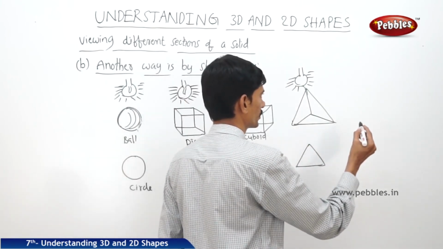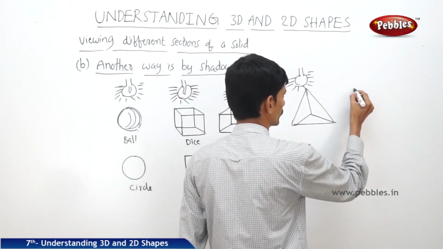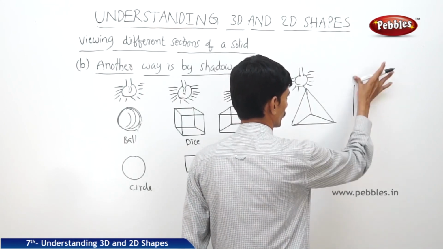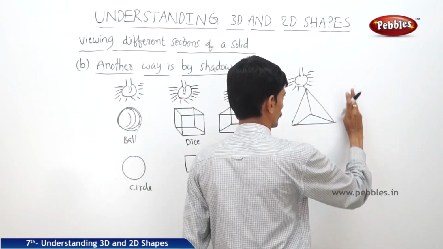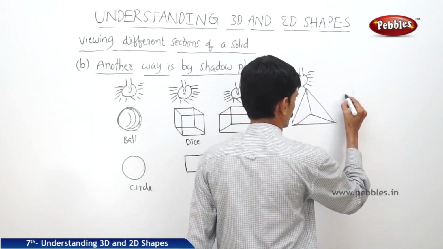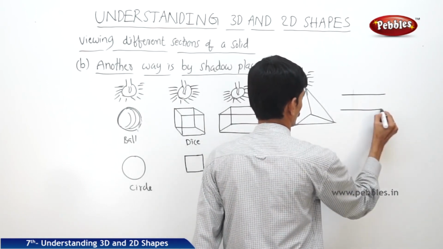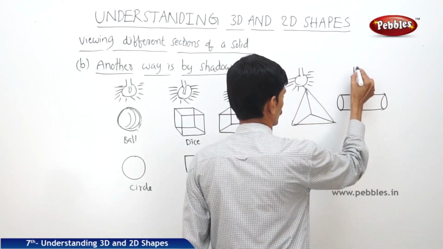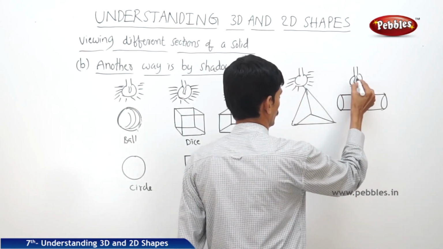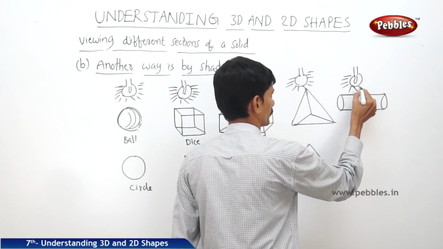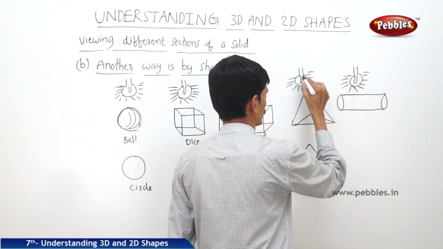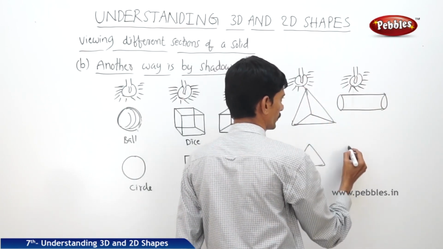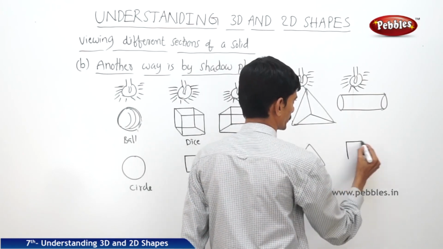Now if you take any cylinder, then you will get the shape of a rectangle.